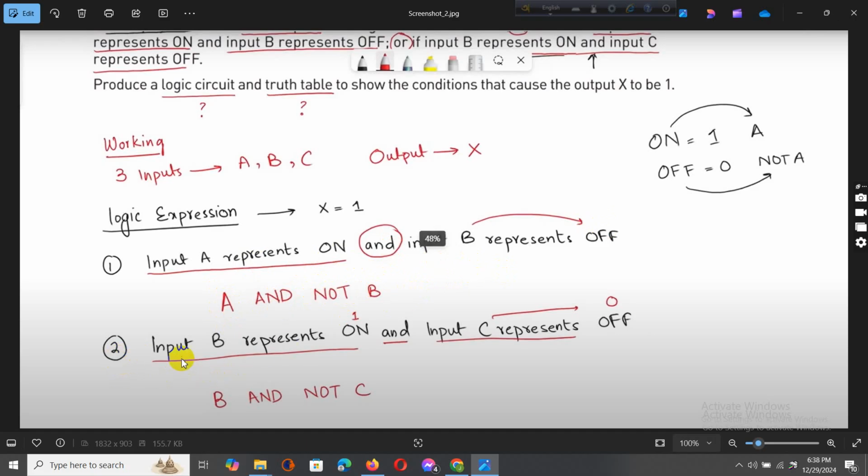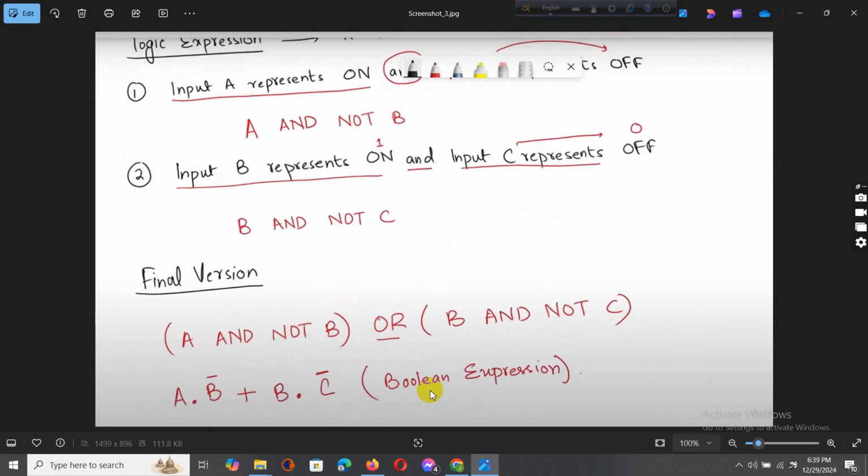The second condition is input B represents on, so you write B, and input C represents off. As it is off, you write not C. These are your two logic expressions. You have to join these two logic expressions with the OR operator. Now write this as a Boolean expression.